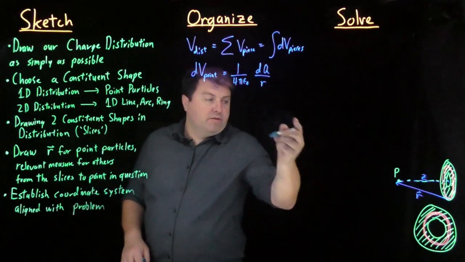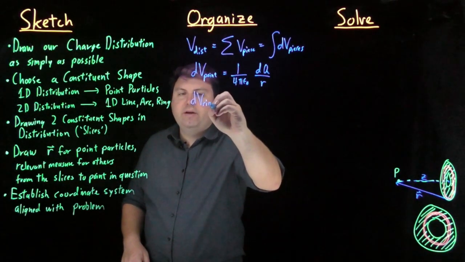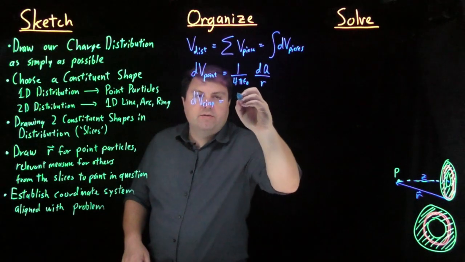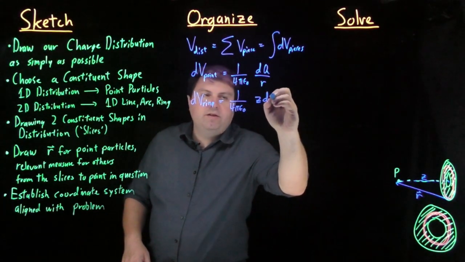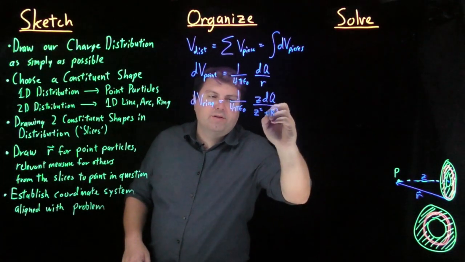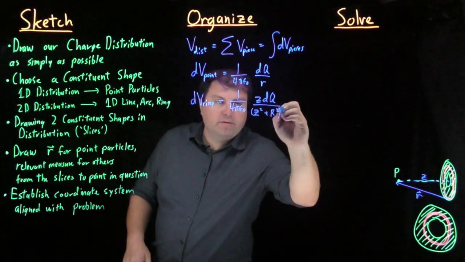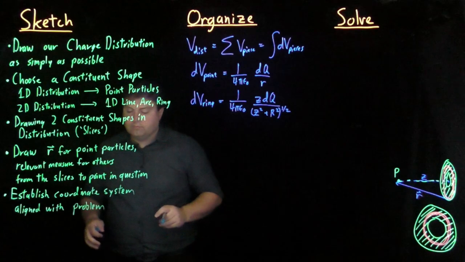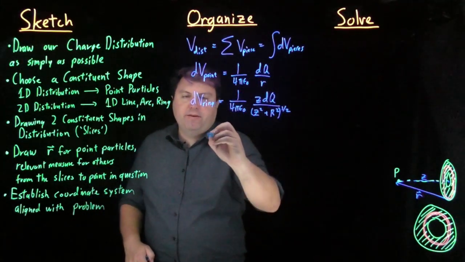And so we can also take a look at, since we're making this of rings, the dV of a ring is 1 over 4 pi epsilon naught z dq over, in this case, z squared plus the two-dimensional radius squared to the 1/2 power. So what's really important for this is mainly the definition of q.